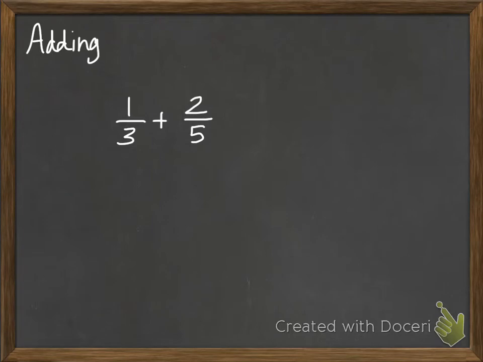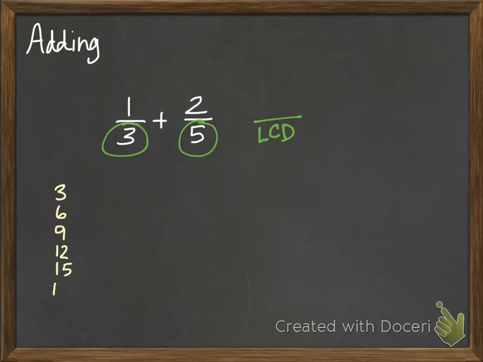Back in grade school, they usually tell you to take each of the denominators, because we want something that's the same for both of them, a common denominator. Usually they'll call it the lowest common denominator. We want something that this goes into and this goes into. So the way we did it in school is, take your 3 and list out all its multiples. 3 times 1 is 3, basically your times tables, 3 times 2 is 6, 3 times 3 is 9, 12, 15, 18.